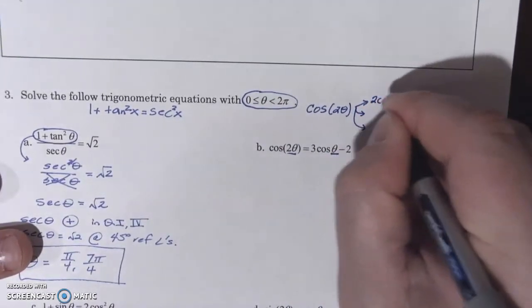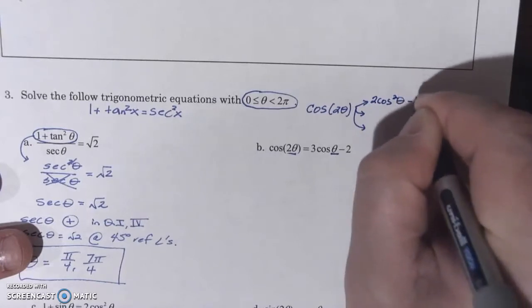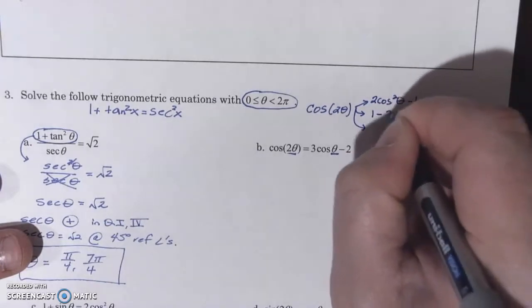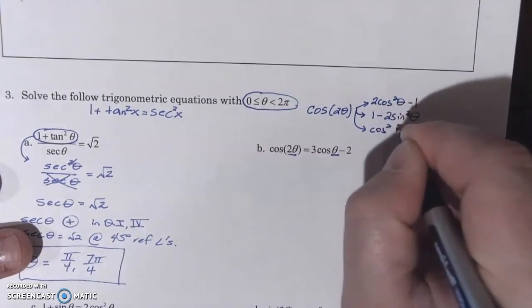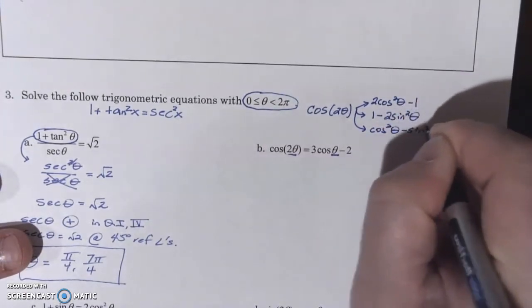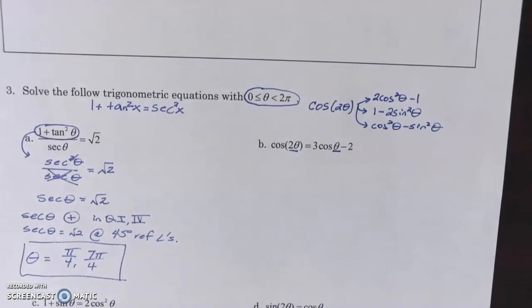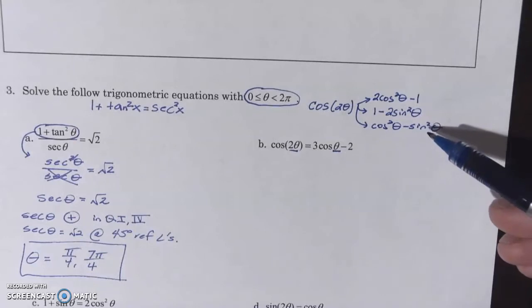We have 2 cosine squared theta minus 1. We have 1 minus 2 sine squared theta. And we have cosine squared theta minus sine squared theta. Now, one of these is going to be, quote unquote, the right choice for us here, and we can talk about why that might be. So you have 3 choices for the double angle identity for cosine.